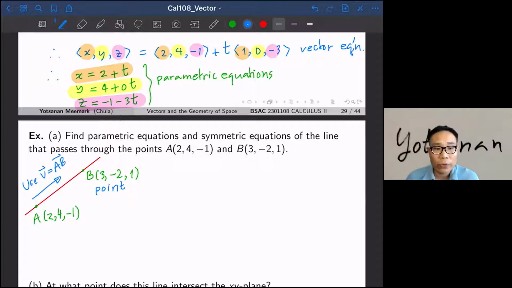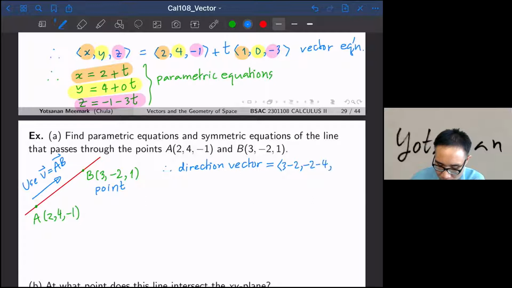So the direction vector AB is 3 minus 2, negative 2 minus 4, 1 minus negative 1, which is 1, negative 6, and 2.